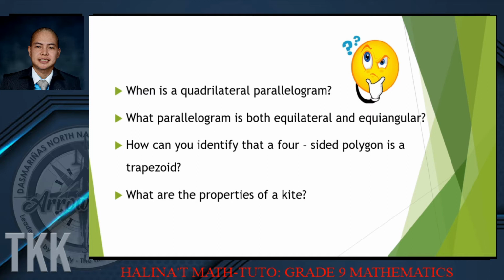What are the properties of a kite? Again, the definition of a kite: four sides are drawn such that there are two distinct sets of adjacent congruent sides. We have the following properties: diagonals are perpendicular, one pair of opposite angles are supplementary, and one diagonal forms congruent triangles.